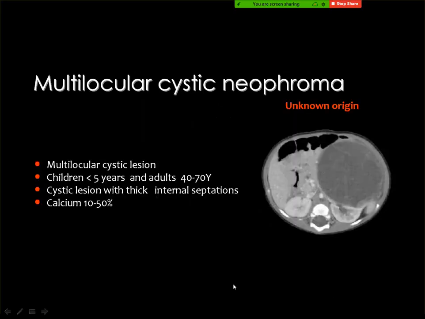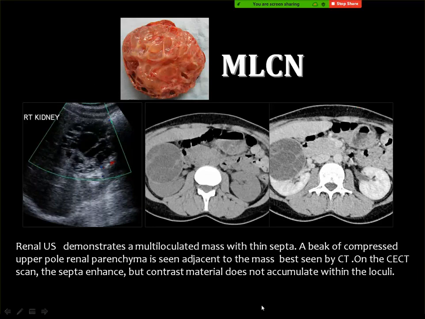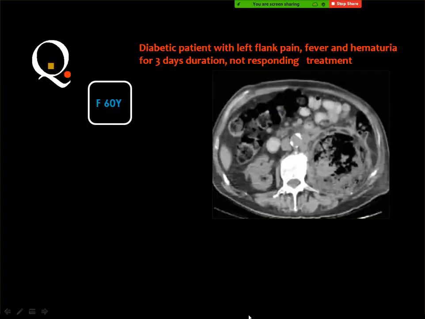This multilocular nephroma is seen in children less than 5 years and also in adults, and it has many cysts inside surrounded by a thick capsule. Sometimes you get calcium in this lesion, and this is an example by ultrasound, the gross specimen, and CT without and with contrast of a multilocular cystic nephroma.